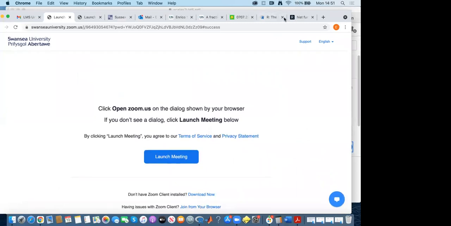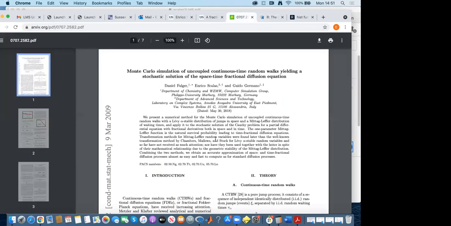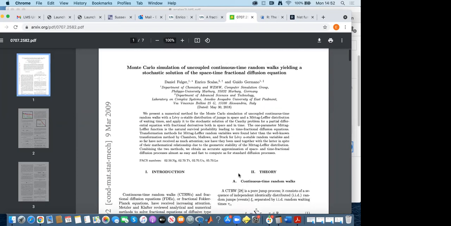Before starting this presentation, there is just a reminder that we are trying to understand the evidence necessary to read this paper and understand what's going on in this paper. And this paper is about a particular kind of process called continuous time random walks by applied scientists, in particular by physicists.